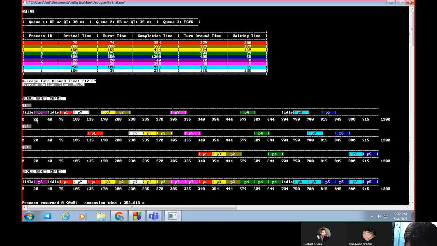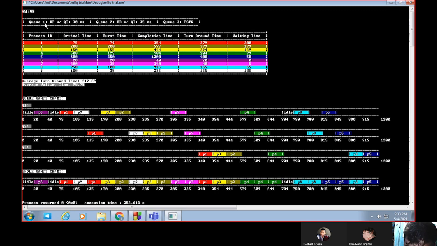Here is the Gantt chart. Process 6 arrives at time 20, and since it's the first one that arrived in Q1, process 6 is processed. Since it has a burst time of 20, the process ended at time 40.